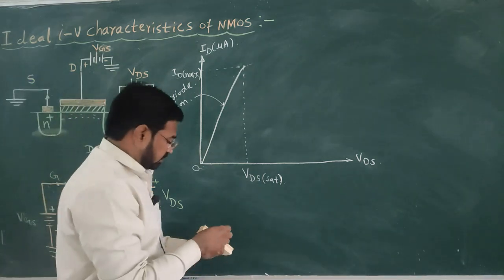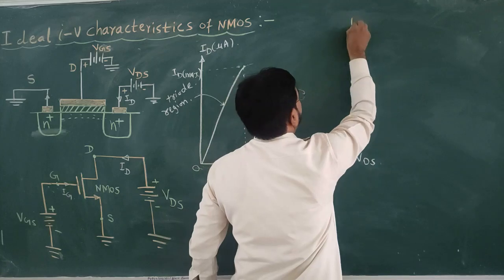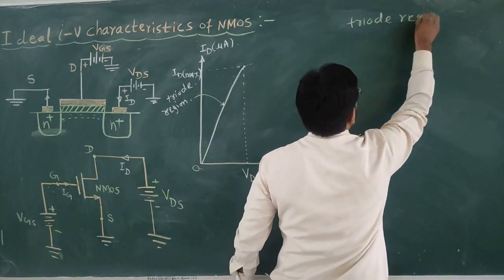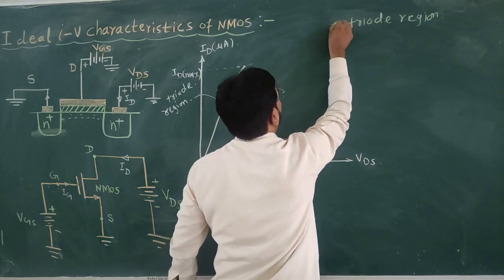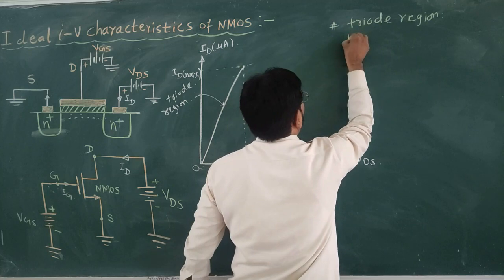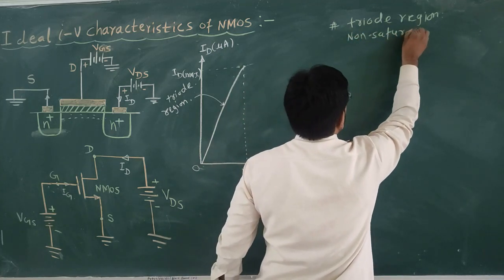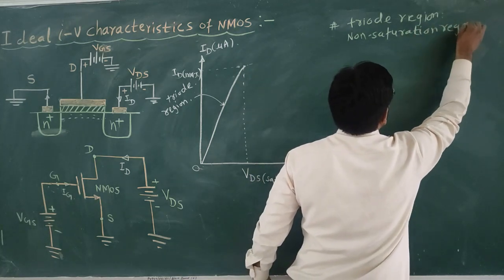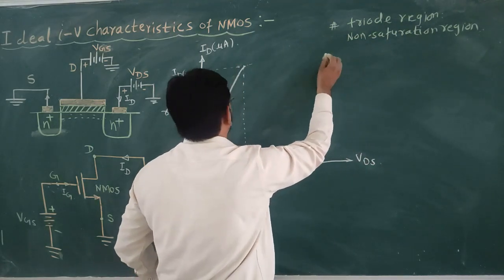Let us write about the triode region first, also called the non-saturation region on the characteristic.